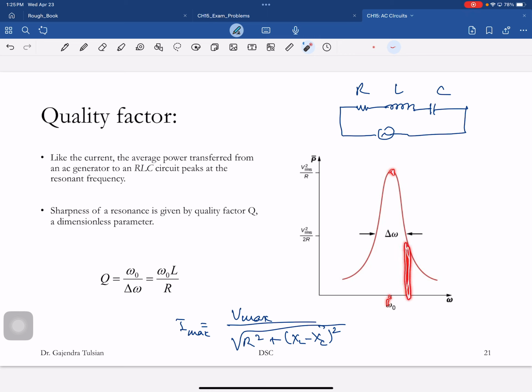If that is true, then you can have a station here, you can have a station at this frequency, and so on. So if the quality factor of your tuning circuit is good, then you can have many more frequencies trying to talk to you. Okay?